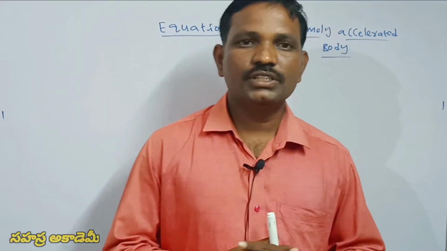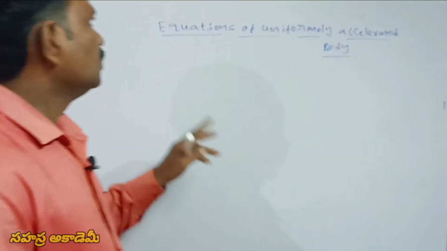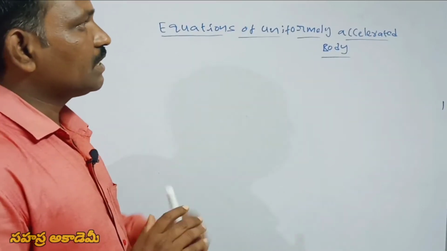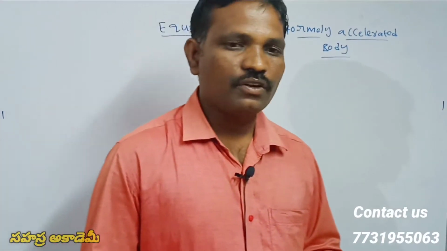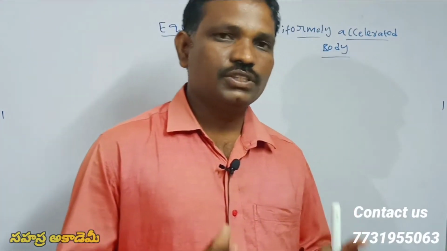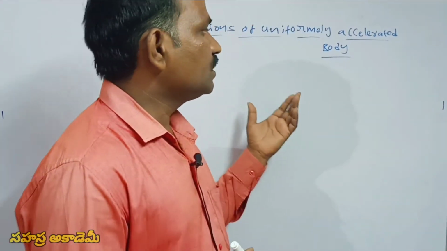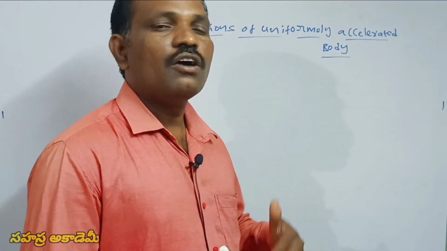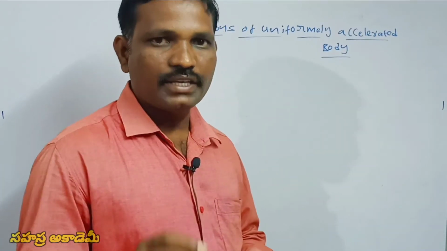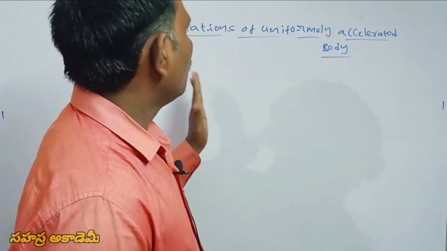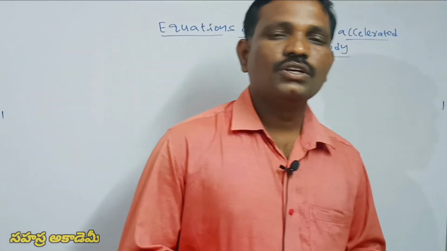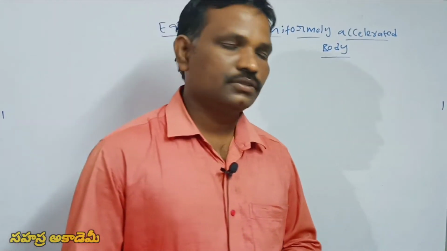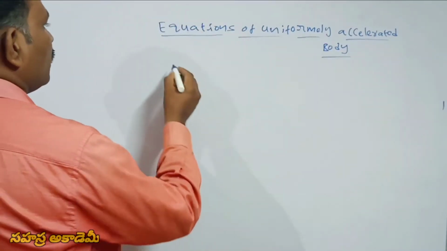Now we are going to discuss the equations of a uniformly accelerated body, which is an important concept in our 9th class motion chapter. This is the first chapter, and these equations are very important for your intermediate and IIT exams. Let us see how to derive them.